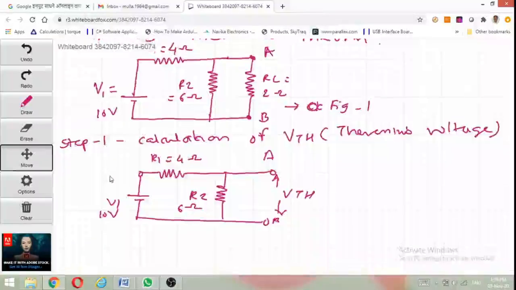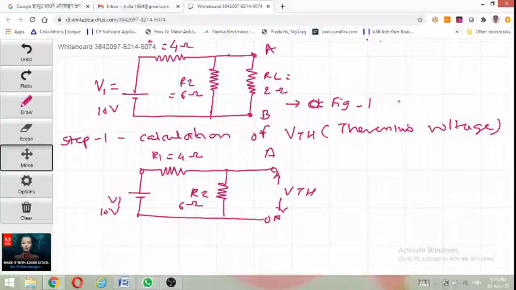By using the voltage division rule we will calculate the voltage between terminals A and B. The voltage between terminals A and B is the voltage across resistor R2.